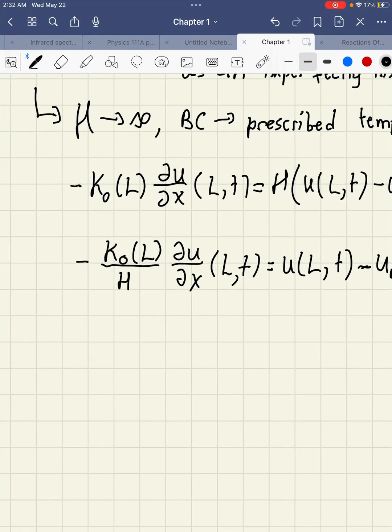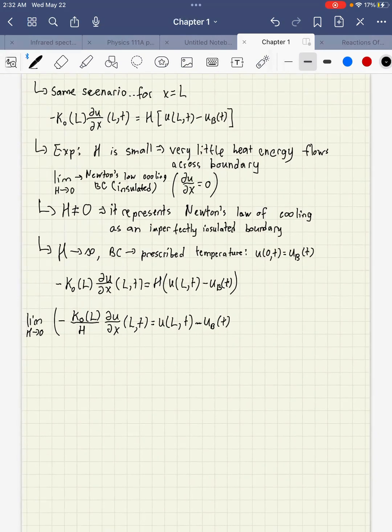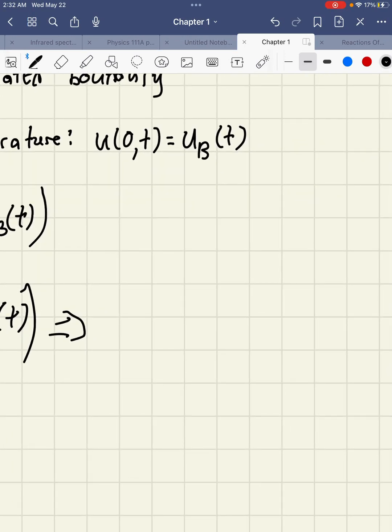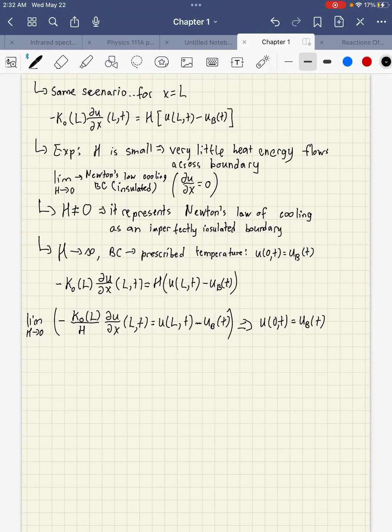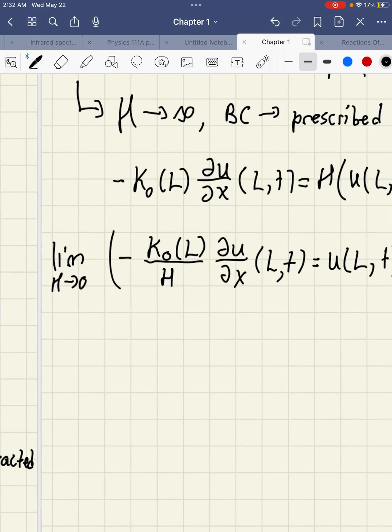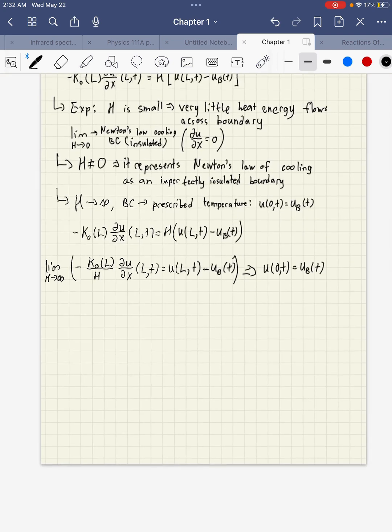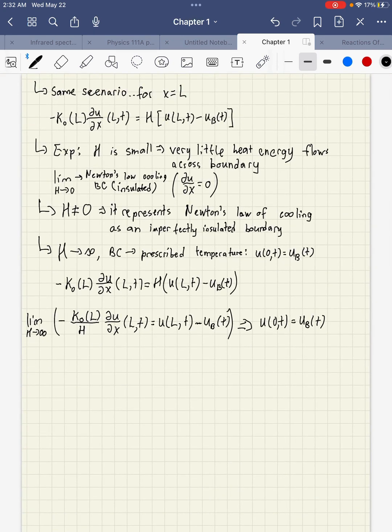Now I take the limit as H approaches infinity of this entire thing. Therefore, it leads me that my U of (L, t) is equal to U of bath t. Sorry, not 0, I apologize, infinity. Minor mistake.